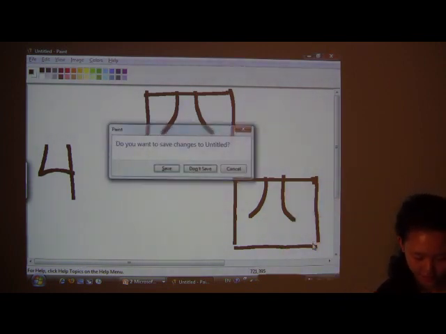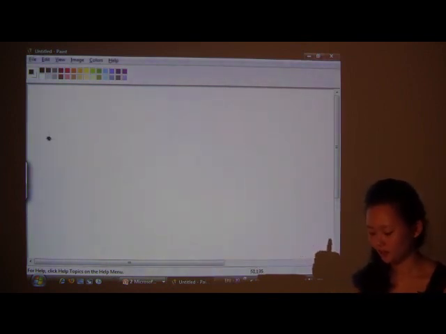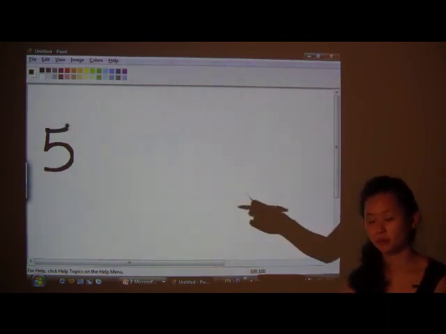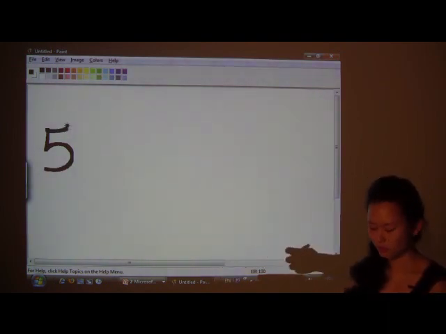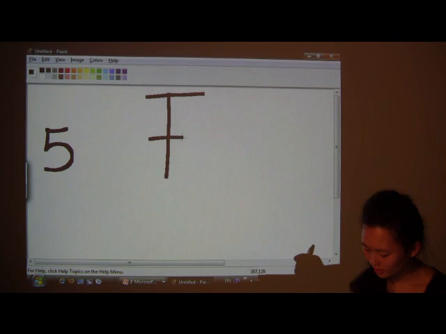5, it's similar to 4. You don't have any more of the boxes, but what you do have is now we can go top to bottom. So the horizontal, and then what's next? The vertical, and then this little angle shaped thing, and you finish it off.